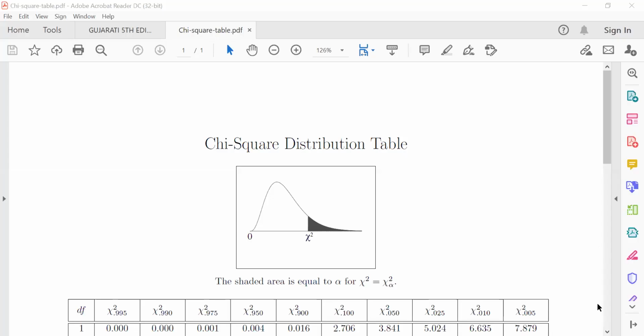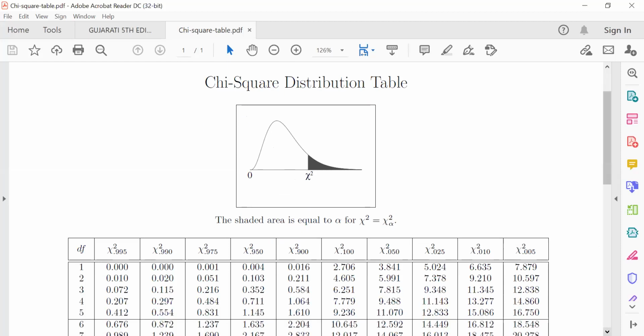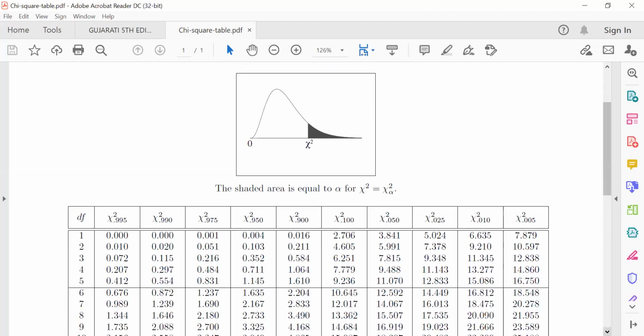This shaded area is equal to alpha for chi-square. If we have alpha by percent, we have here another one, 1 minus alpha by percent over 2.